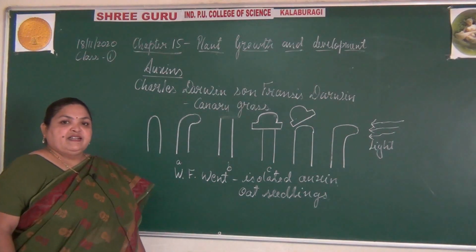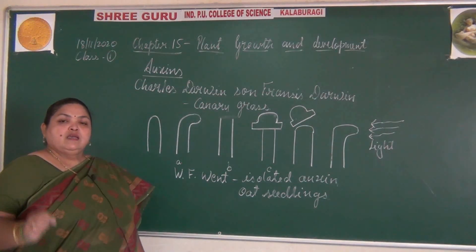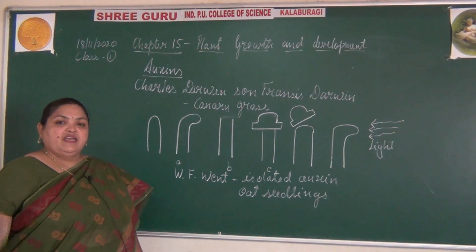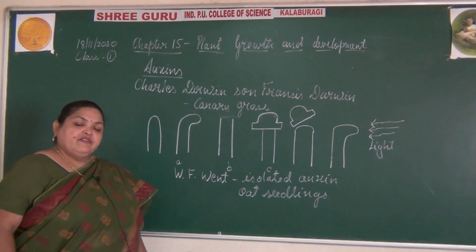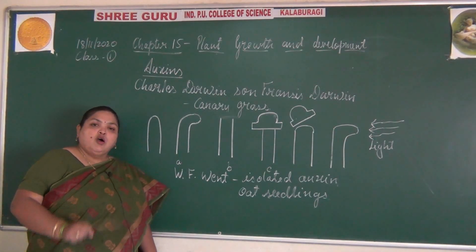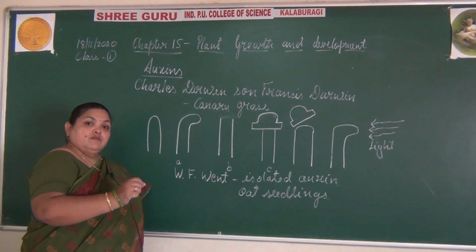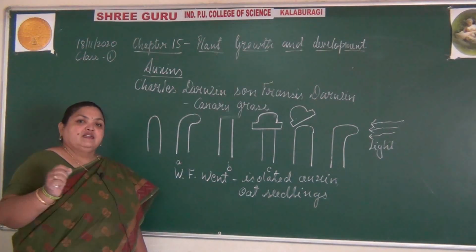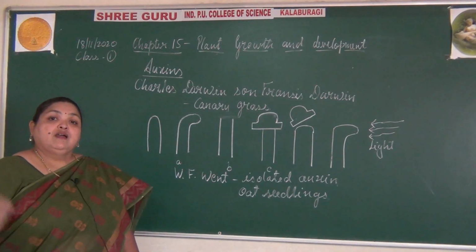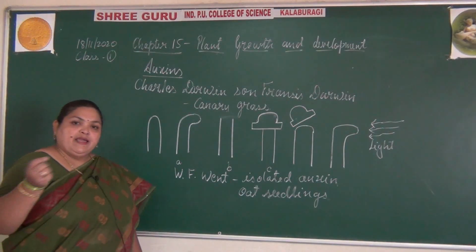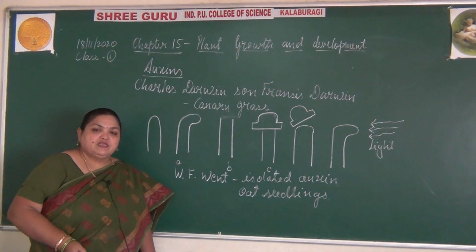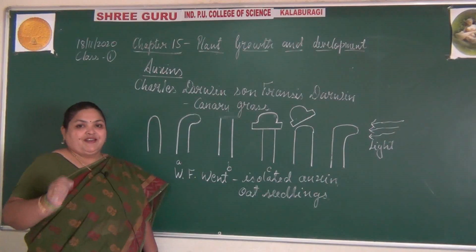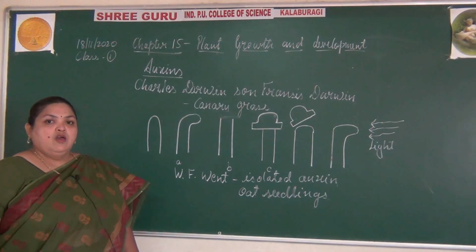And he stated that with no auxins, there is no growth in the plants, or we can say that the growth of the plant or the development of the meristematic regions like apical meristems or lateral meristems, the growth of such regions is because of the auxins.